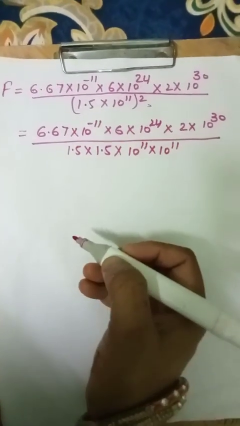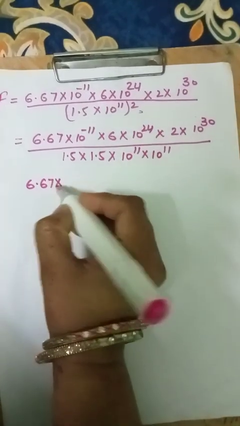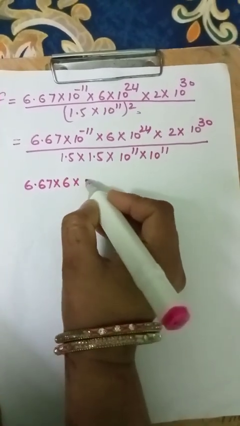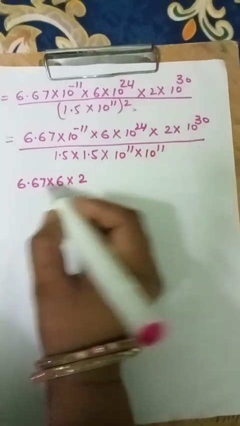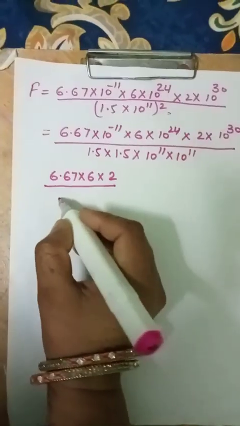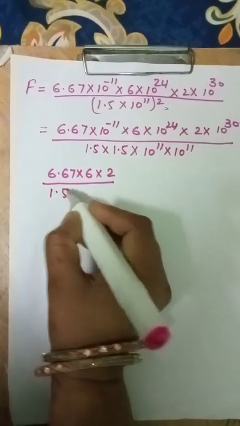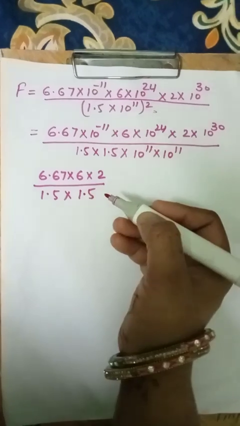Okay, now what we are doing, 6.67 multiplied by 6 multiplied by 2. All the terms which are without 10 raised to power, these terms we need to write in separate form. And 1.5 multiplied by 1.5.